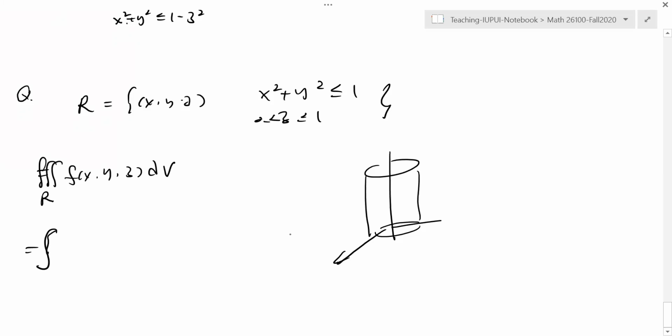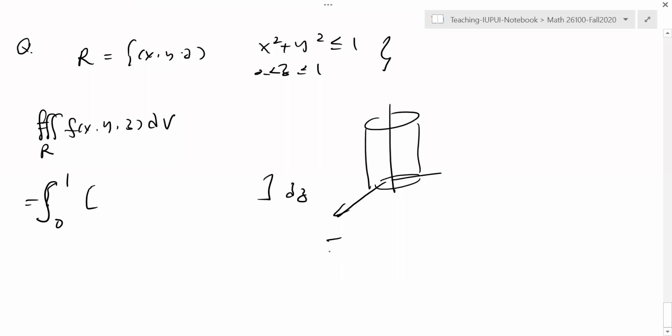The last integral should be z, and these are between 0 and 1. So for each z between 0 and 1, because the upper bound is 1 and the lower bound is 0, you get a cross section.